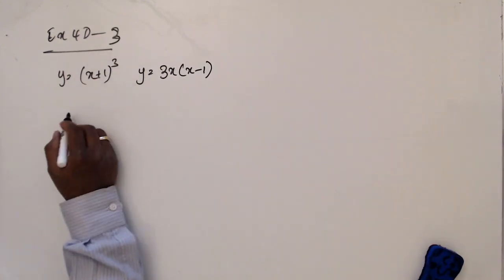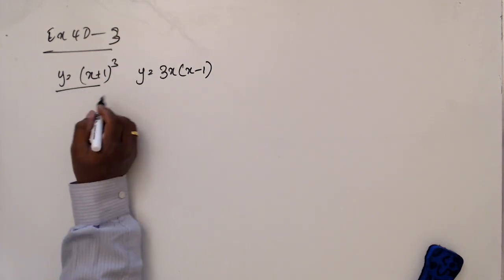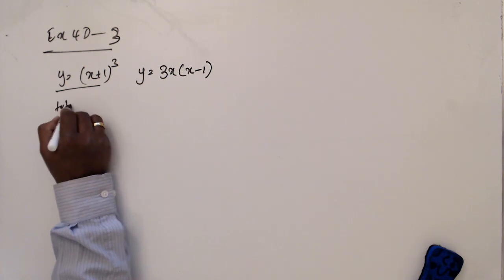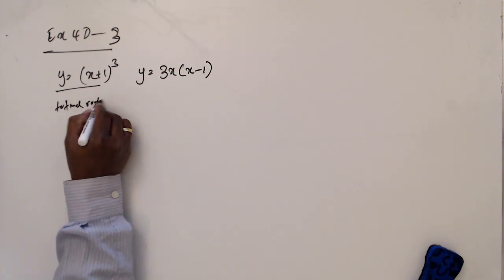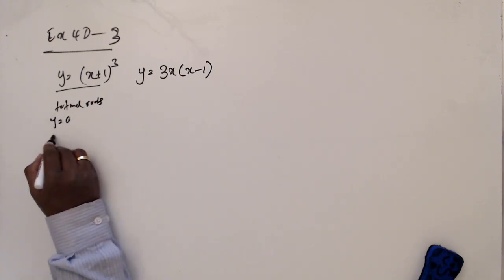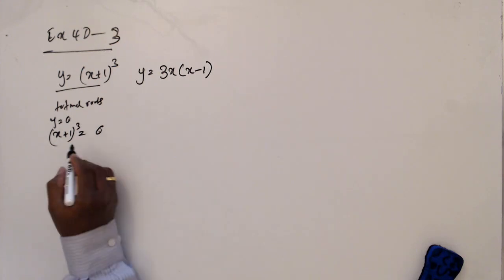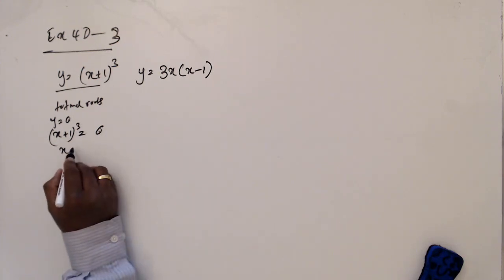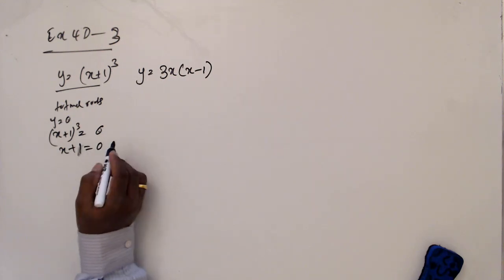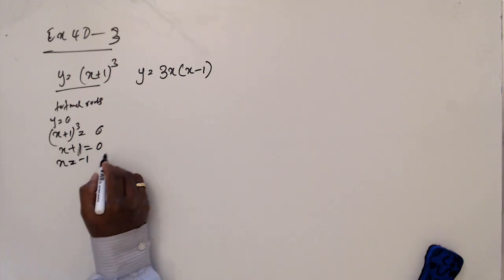Question number 3. We have to sketch. We'll start with this one. To find roots, I want to make y equals 0, then (x plus 1) cubed equals 0, then x plus 1 equals 0, then x equals minus 1.